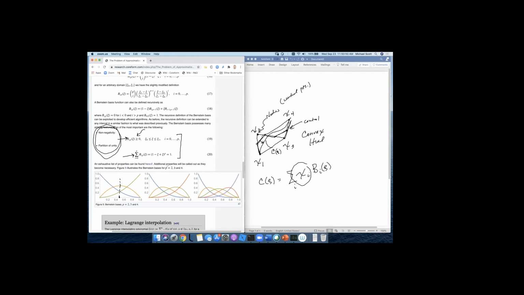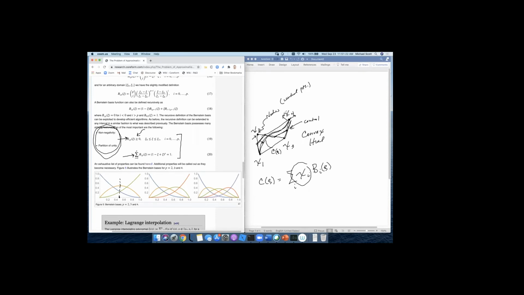And that's what makes it nice for design, because designers grab these little nodal locations and they move them around, right? And as they move these points around, the curve naturally follows the shape of this control polygon. And that's what gave rise to its popularity in design on a computer, because of this really nice relationship between the locations of the nodes and the location of the curve.